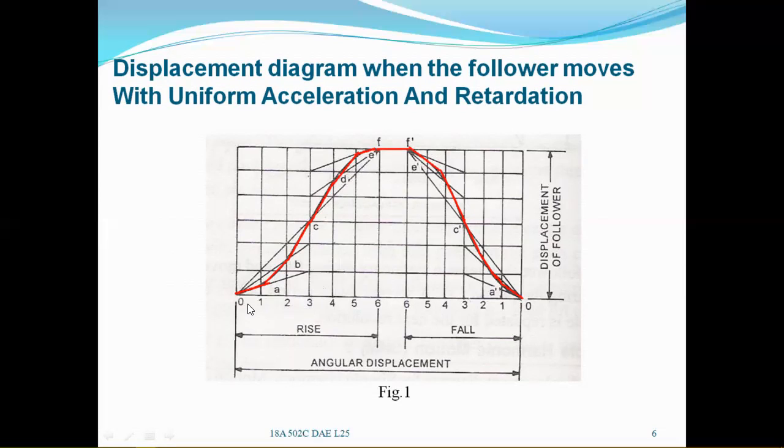So after completion of the division of the stroke into outstroke as well as return stroke, join point O, or 0, to 1 on the stroke line.